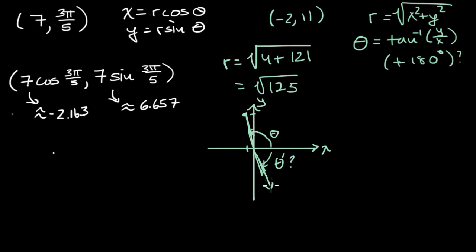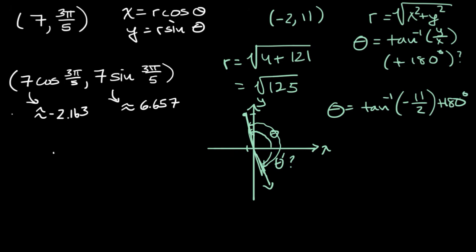So what we want to do in this situation is, when I take the inverse tan of y over x, add 180 degrees to it to get to our actual theta. So theta is going to be equal to the inverse tangent of y over x, so that's 11 over negative 2, which is negative 11 halves, and then plus 180 degrees, if we are doing this all in degrees.